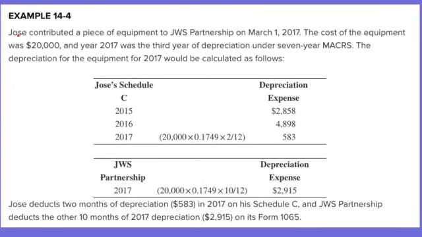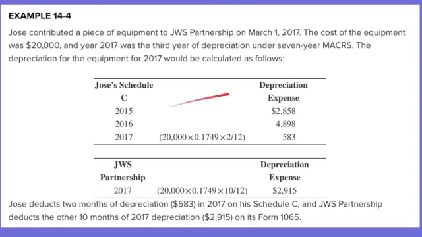Okay, so another example. Jose contributed a piece of equipment to JWS Partnership on March 1st, 2017. The cost of the equipment was $20,000, and year 2017 was the third year of depreciation under 7 years MACRS. The depreciation for equipment for 2017 would be calculated as follows.